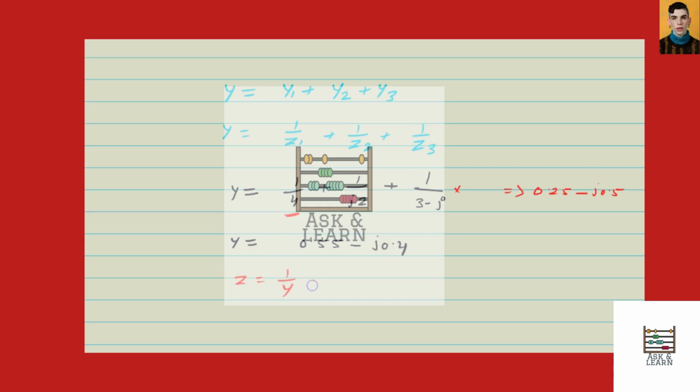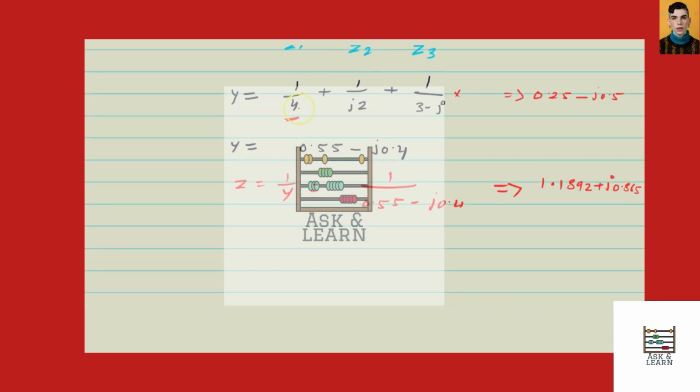Now we calculate the impedance Z, which equals 1 upon Y, equals 1 upon 0.55 minus j0.4. By solving this, the impedance of the three branches is 1.1892 plus j0.865. Now we calculate the total impedance ZTH, which is Z plus the 5 ohm resistance connected across the voltage source.